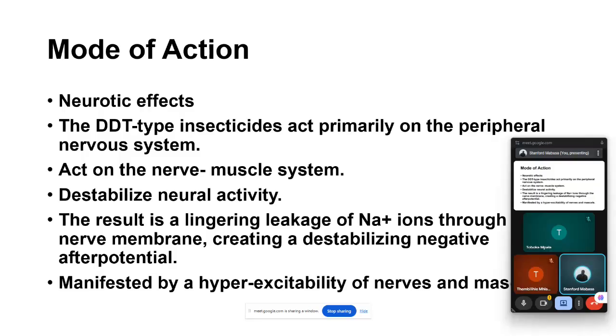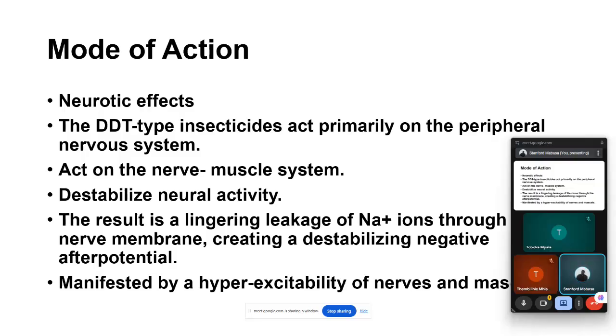So we have neurotoxic effects which are caused by DDT type insecticides, which act primarily on the nervous system. They can act on the nerve muscle system. They destabilize neural activity. The result is that you have leakage of sodium ions through the nerve membranes, creating a destabilizing negative after-potential.